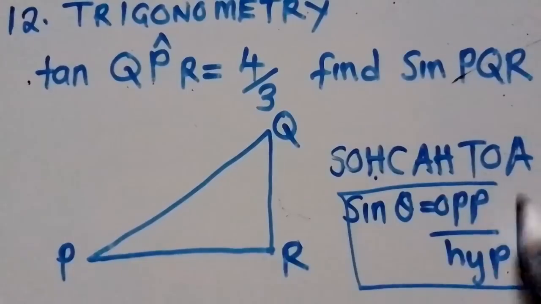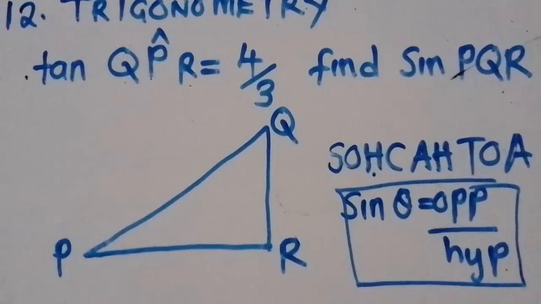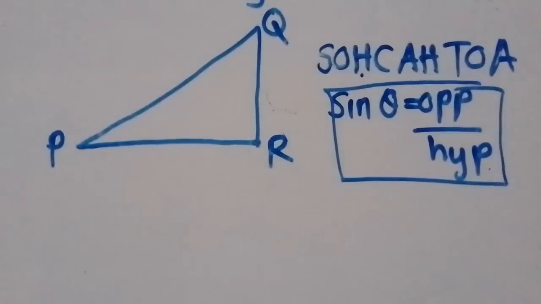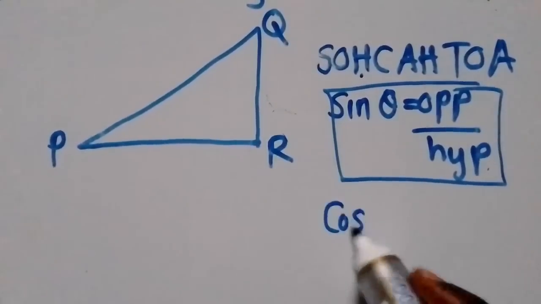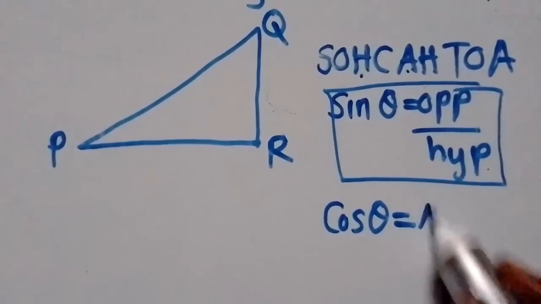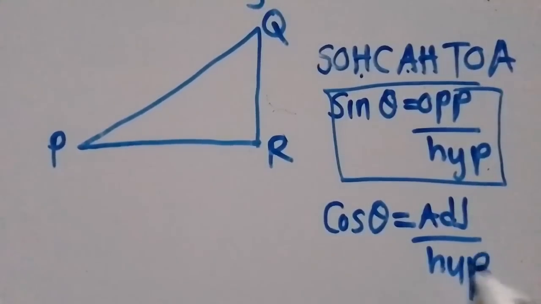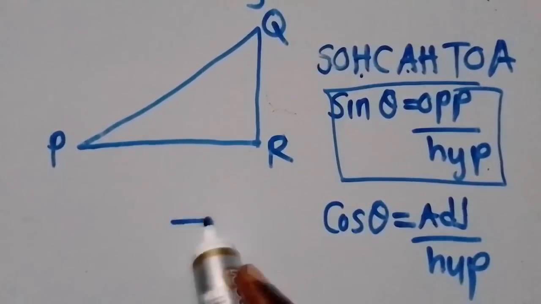When we go to CAH, this is what it means. Cos theta is equal to adjacent over hypotenuse. We move to tan.